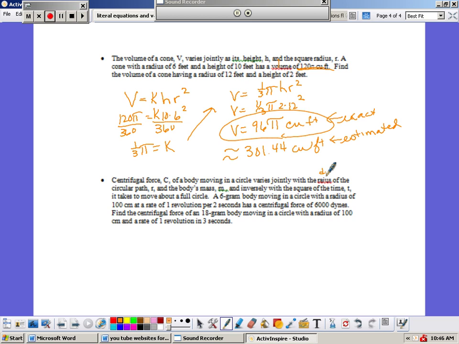I know, you're almost ready to give up, but let's take it sentence by sentence. Since the force C varies jointly with the radius R and the body mass M, and inversely with the square of time. So if you take it sentence by sentence, it's not nearly as bad. And notice we have jointly and inversely in the same one.